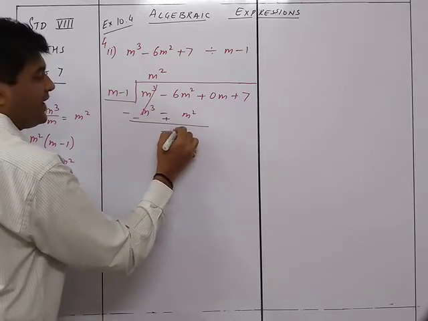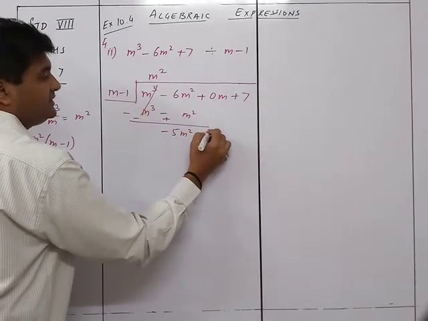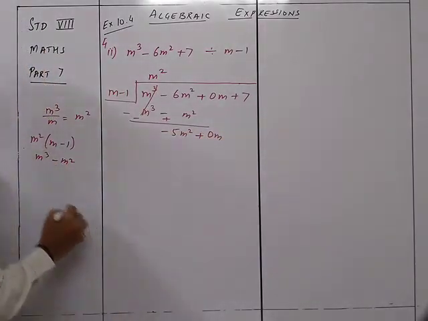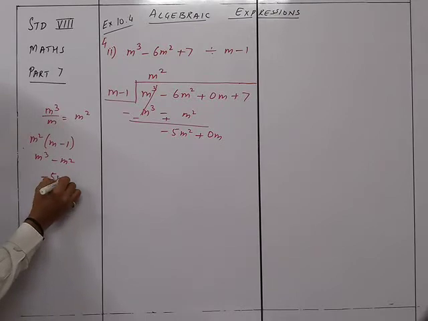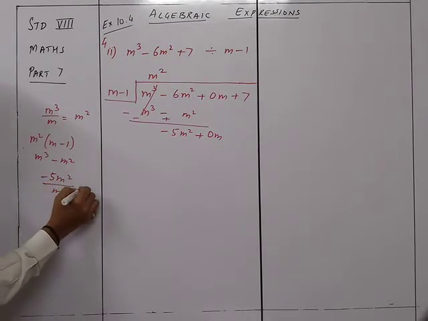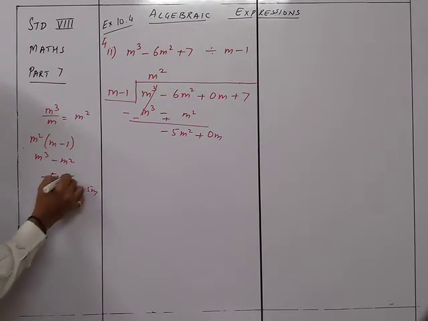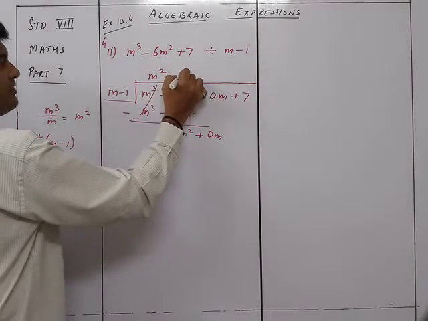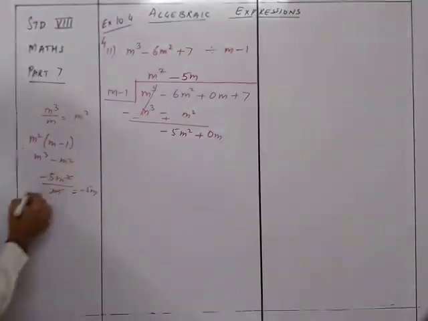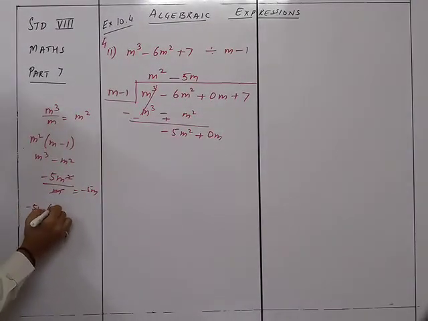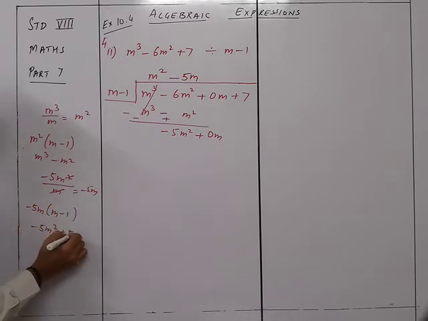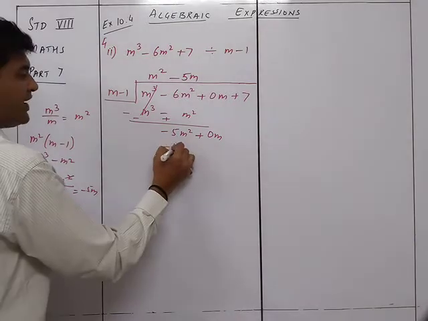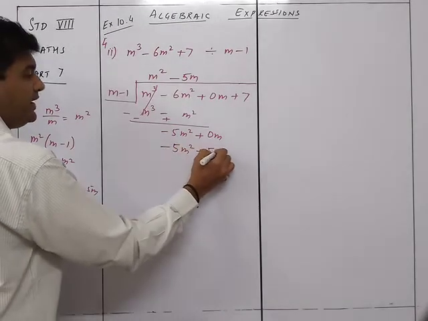This is minus 5m square plus 0m. So again, minus 5m square upon m will give you minus 5m. You put minus 5m here and multiply. So minus 5m into m minus 1 is minus 5m square plus 5m.